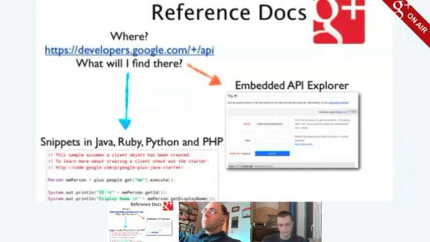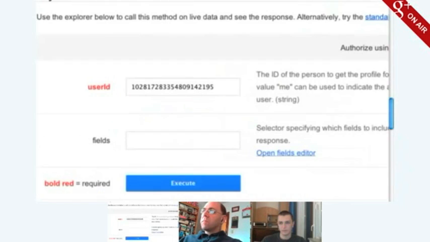Little code snippets that show you how to use it in a realistic case for each one of our methods. And then if you want to dive in right away, we have this API Explorer that's embedded right into the reference docs. So all you have to do is scroll down and you can use it right in front of you. So let's take a look at it.